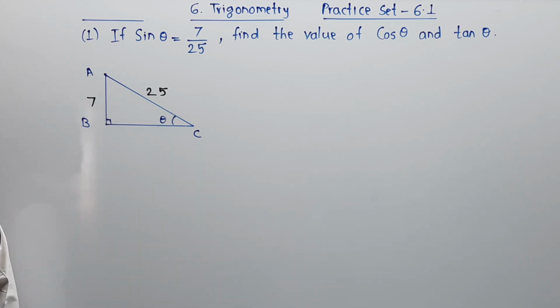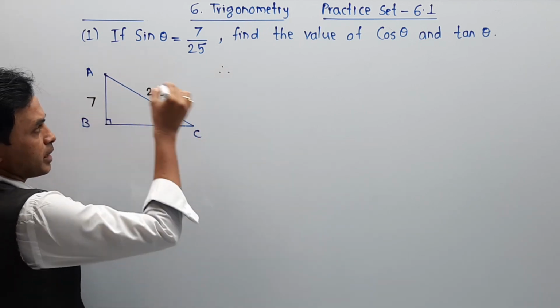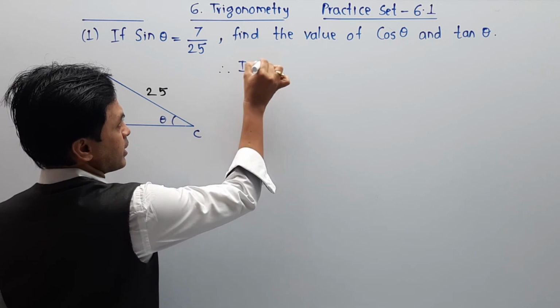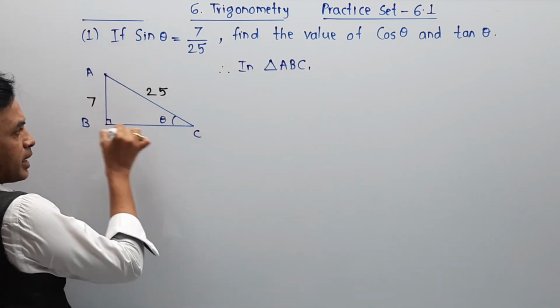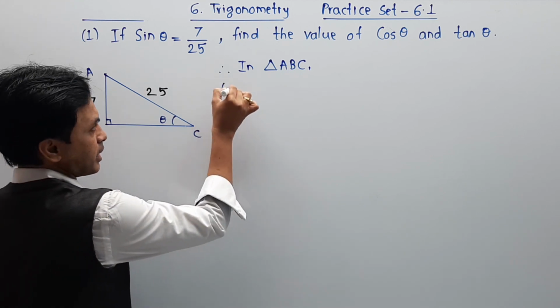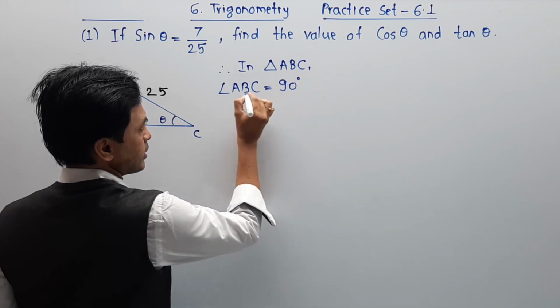This can be calculated with the help of your second chapter, the Pythagoras theorem. Therefore, solving method: in triangle ABC, angle ABC is 90 degrees.